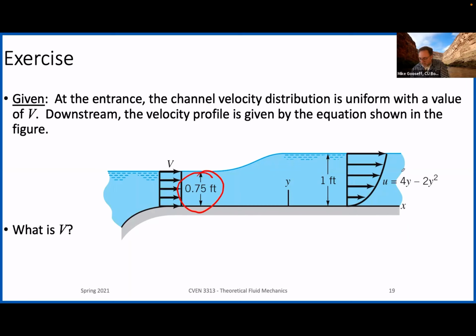Downstream, the velocity profile is this equation. So we've got some velocity profile here that's not uniform. The question is, what is V? This is U over here. What is V in this situation? We're also given that the height now becomes 1 foot.